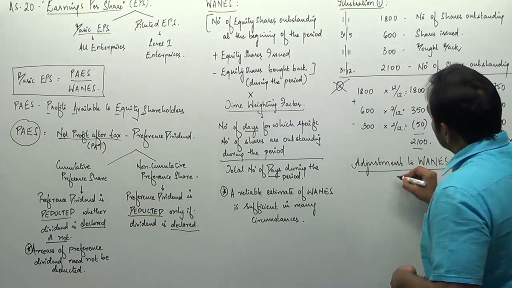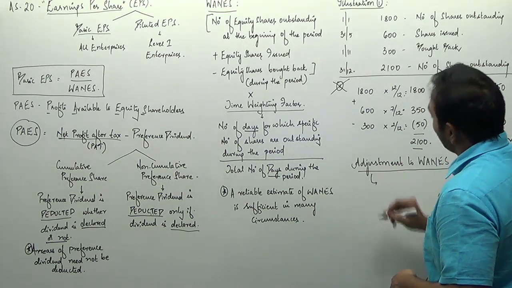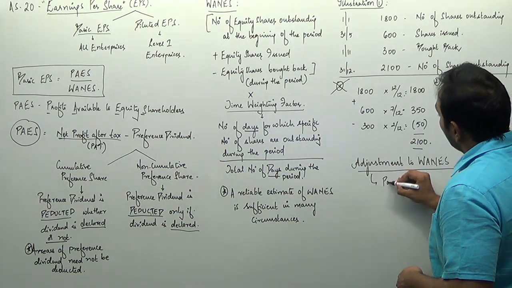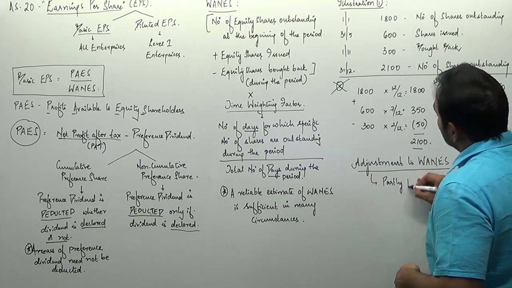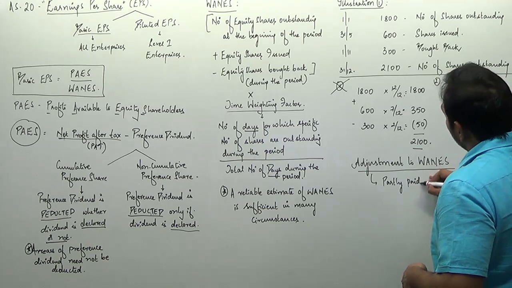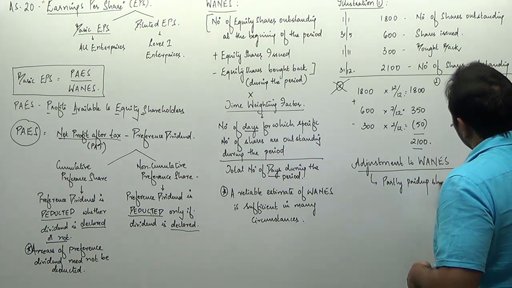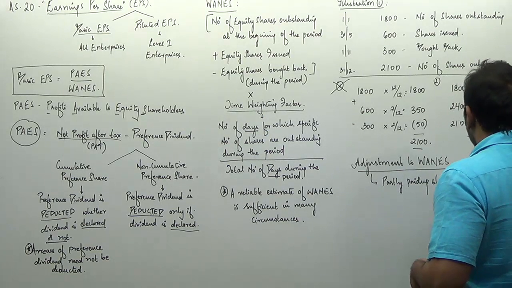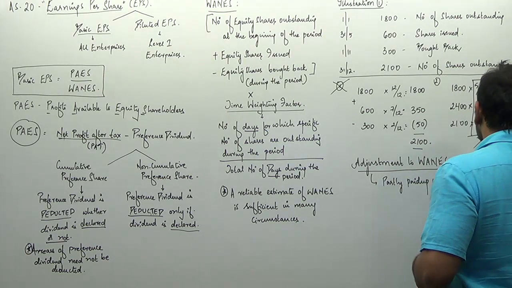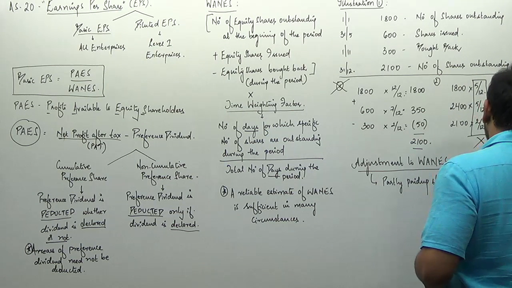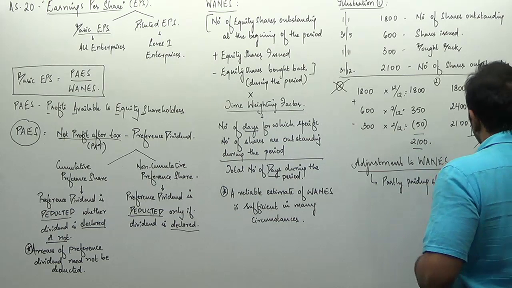We'll have to think about three parts. First one is partly paid up shares or shares with different nominal values.